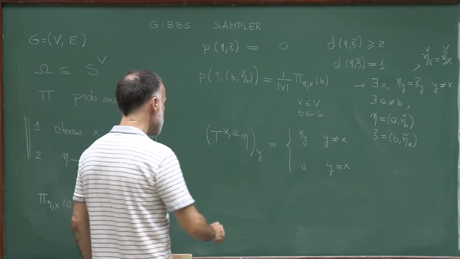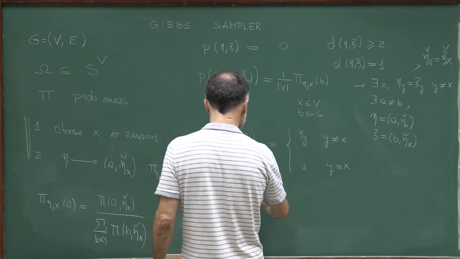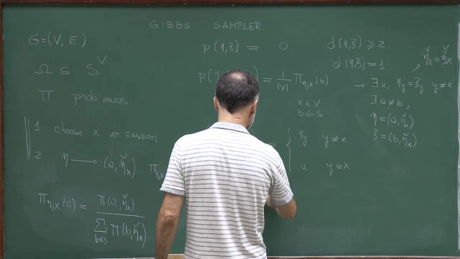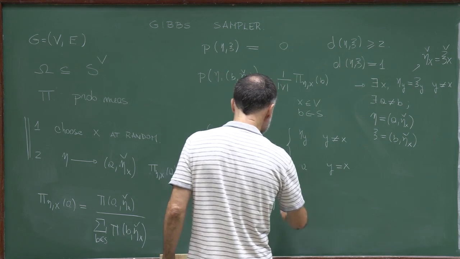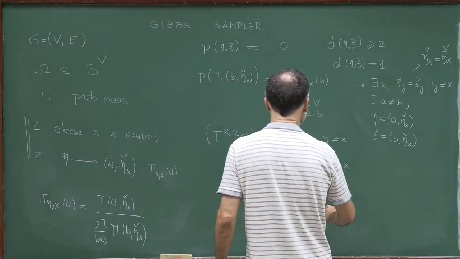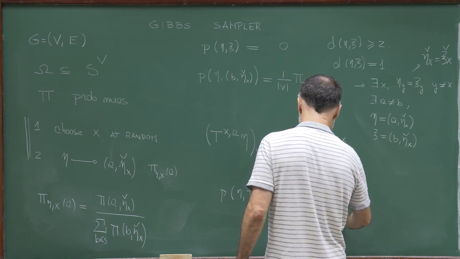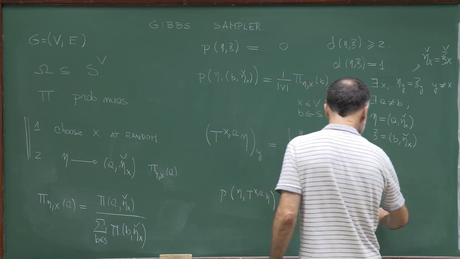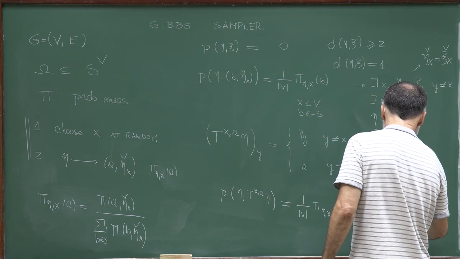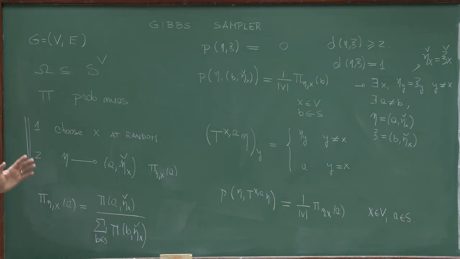And so what this formula is telling me is that the probability that I jump from eta to t x a of eta is equal to 1 over v p eta x a. And this for x in v and for a in S. So this is the formula we have for this transition probability.